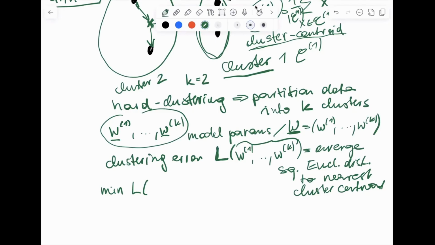And so what clustering methods do is they minimize this loss function, this clustering error. So this matrix is of shape. The columns are the cluster centroids.